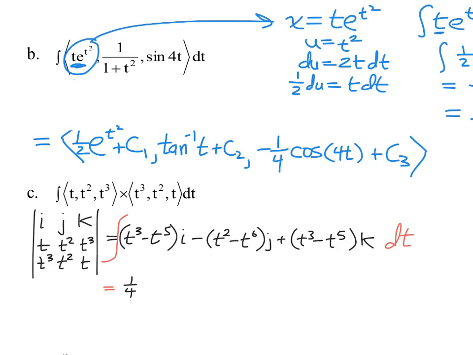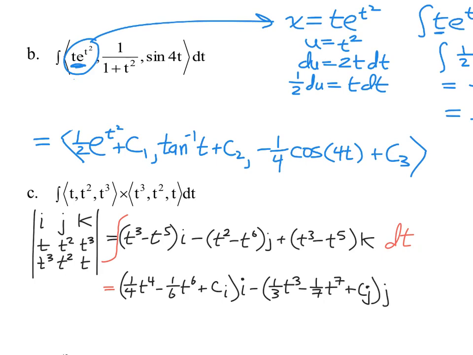So 1/4 t to the 4th minus 1/6 t to the 6th plus c sub i, that's my i component, minus 1/3 t to the third minus 1/7 t to the seventh plus the constant for j.